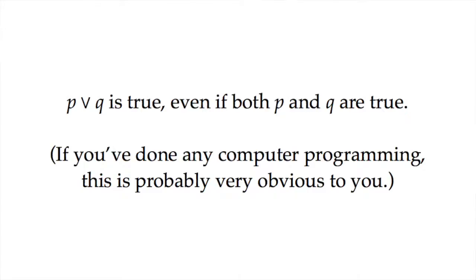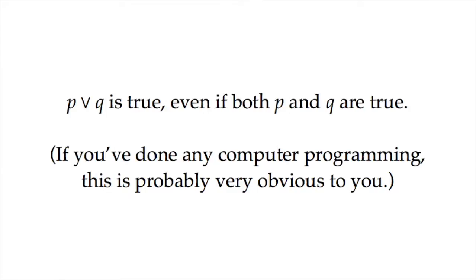Here's why this is important. The conclusion of the detective's argument is an or statement. It says O or M. That statement is true, even though O and M are both true. Here's the general point. When you have a statement, P or Q, that statement is true if P and Q are both true.